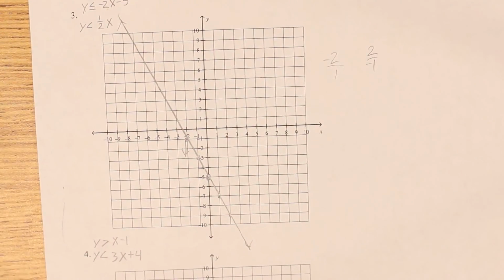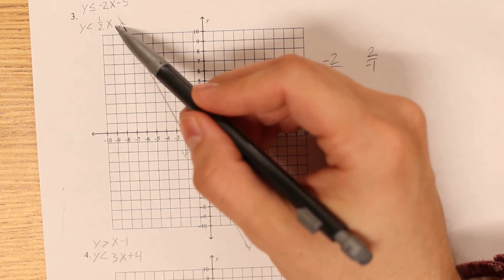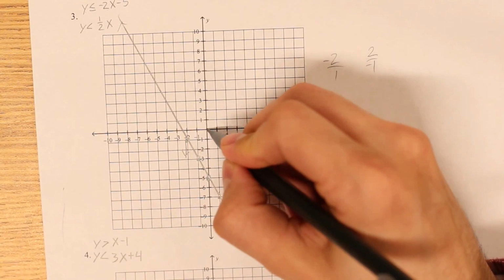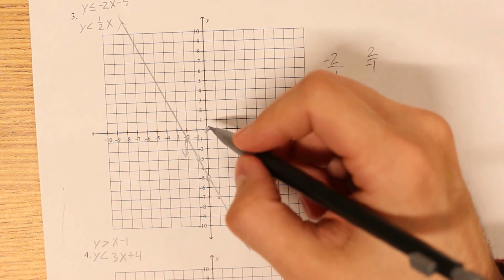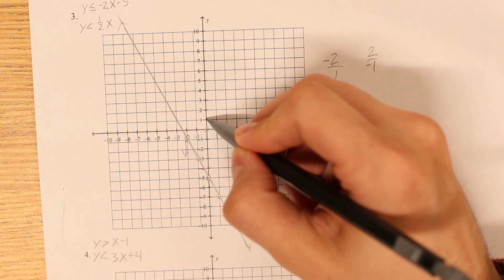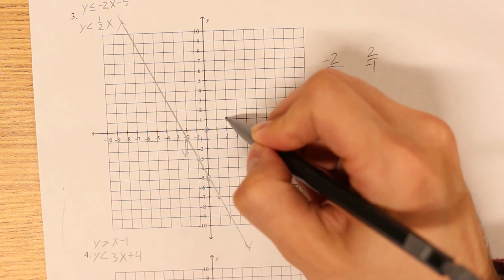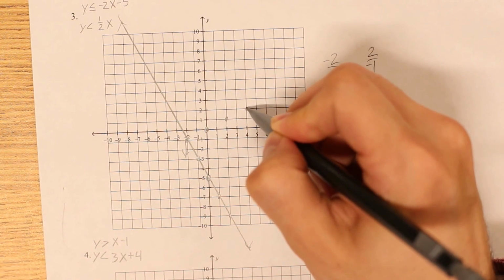Now I want to make my next line, and I don't see I'm adding anything to this, which means my y-intercept is 0. And my slope in this case is a positive 1/2, which means I'm going to go up 1 over 2, up 1 over 2.